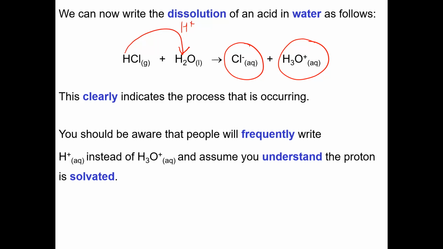So the acid donates a proton to the water. As I mentioned previously, people will frequently write H+ (aq) instead of H3O+ (aq), and they'll assume that you understand that the hydrogen ion will covalently bind to the water molecules present.